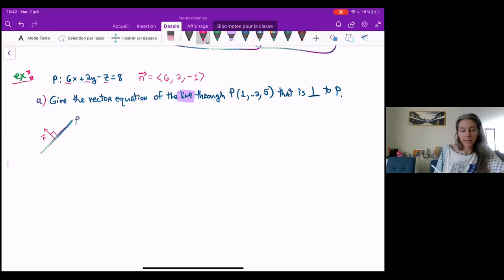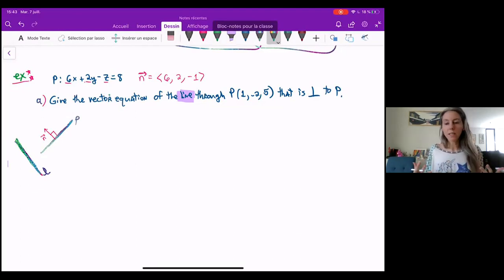So it hits that plane at 90 degrees. Now, what I want is a line, and I want my line to be perpendicular to that plane. So if I look at this line right here, it's perpendicular to the plane. What's its relationship to that normal vector? Notice it's also parallel to that normal vector.